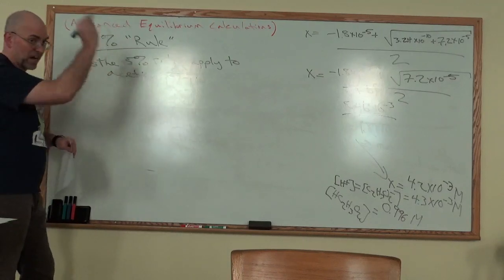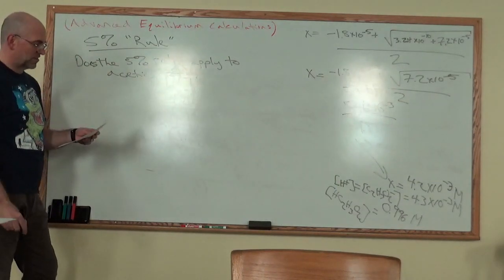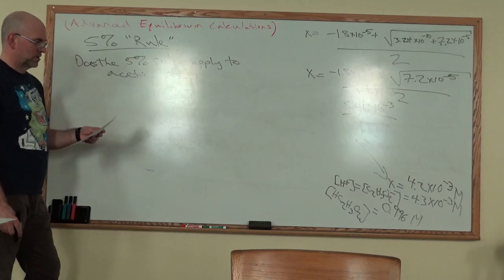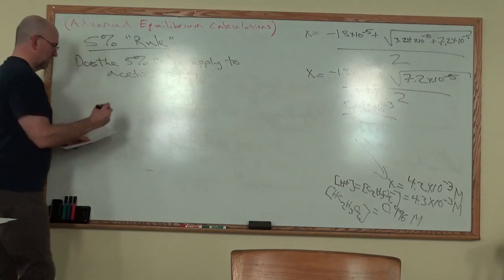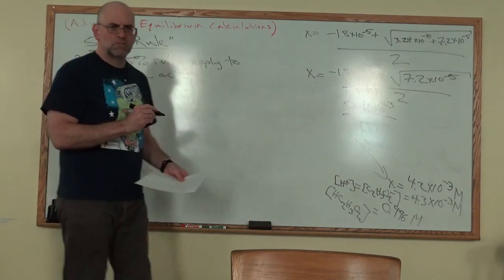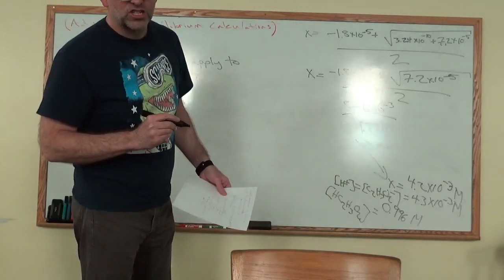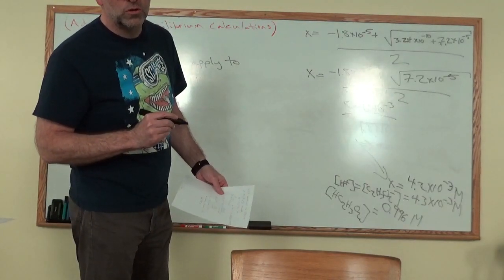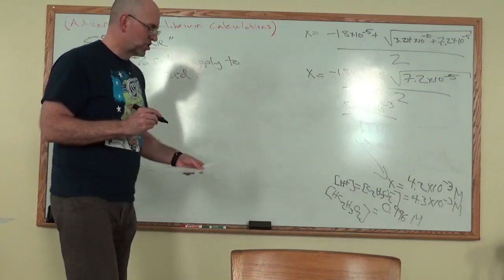Could we make an assumption and not have to do all that math? Well, we already did this one. Is x negligible compared to the initial? Well, we already did that.